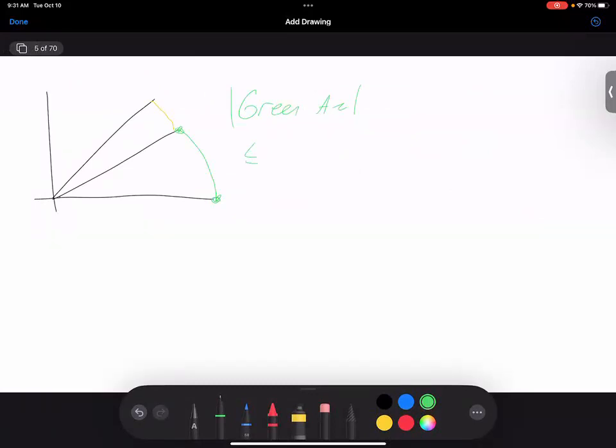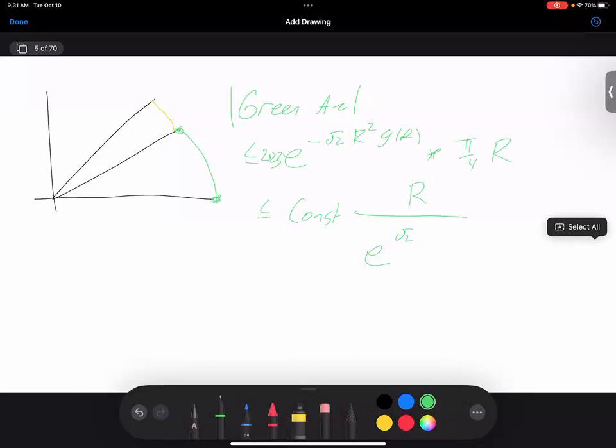It's going to be less than or equal to e to the negative root 2 r squared g of r, 2023, which is at most pi fourths times r. Right? So this is less than or equal to some constant. And then we're going to have r in the numerator. Then we'll have an e to the root 2 r squared g of r.